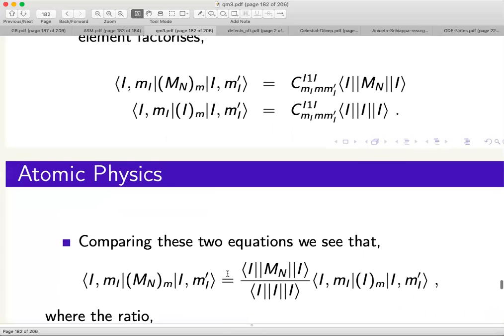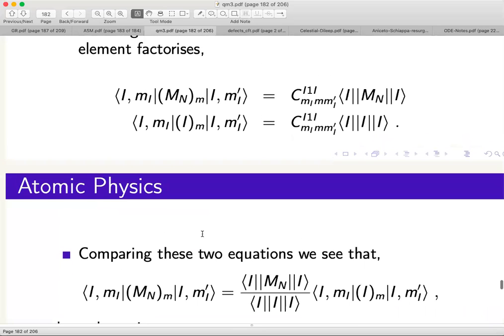So what we can do is compare these equations and write down the matrix element for Mn in the nuclear states with different magnetic quantum numbers as the reduced matrix element for Mn times the matrix element for Im divided by the reduced matrix element of I. Does it make sense?